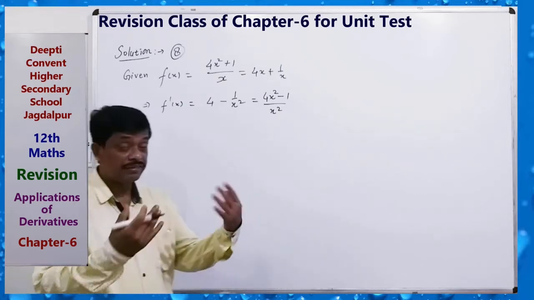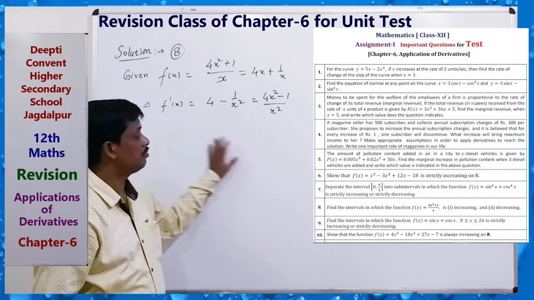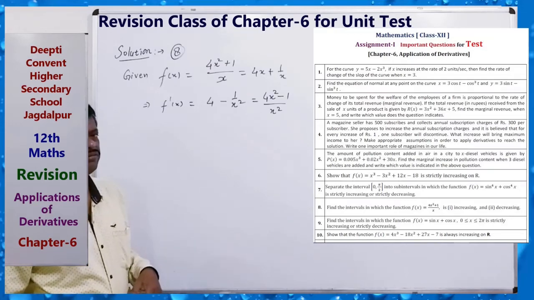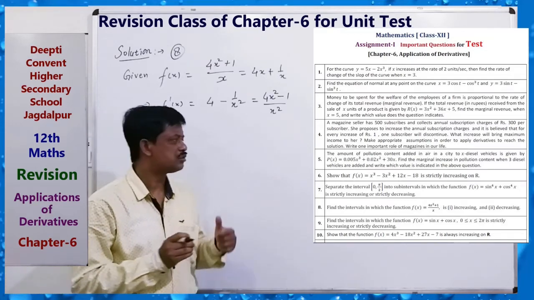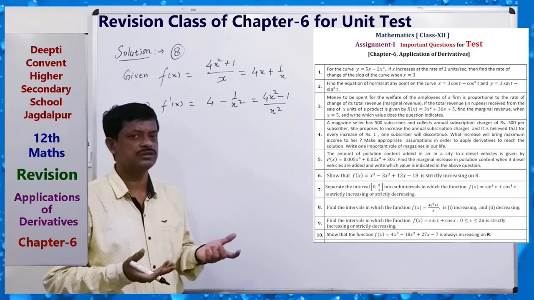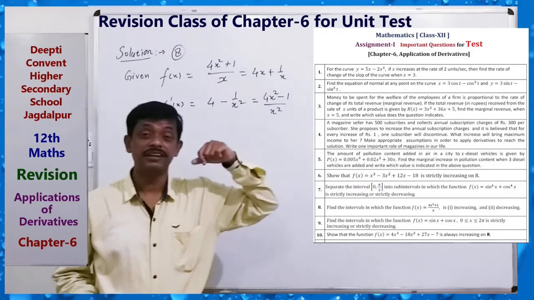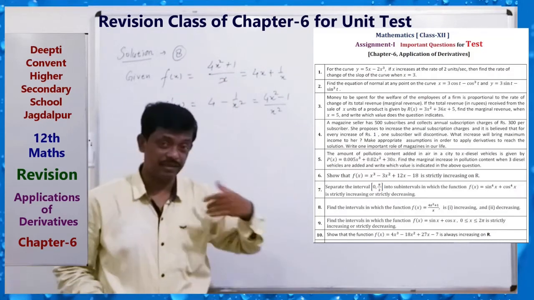Now for f'(x) equal to 0, we have to solve. We can solve, but we can also directly find the solution for greater than or equal to 0 or less than or equal to 0 as a solution of an inequation.